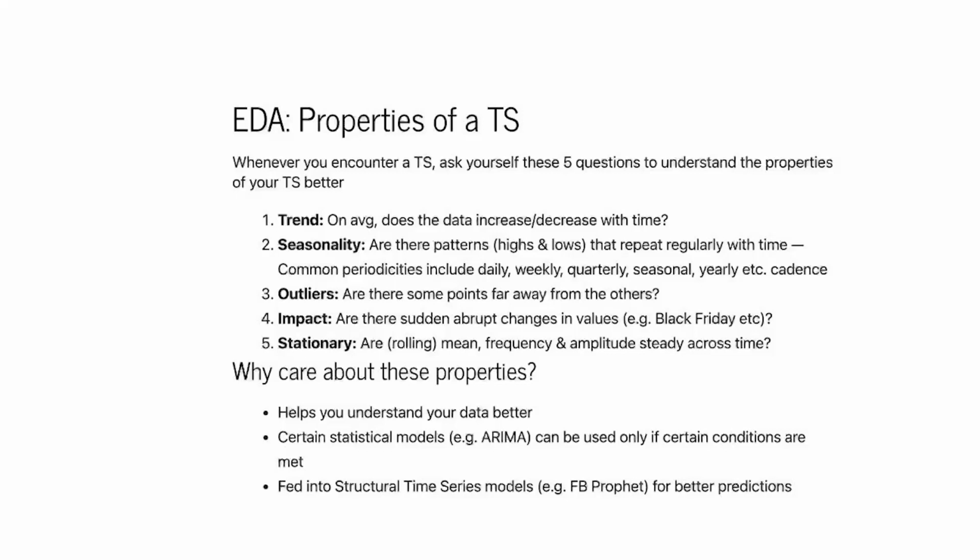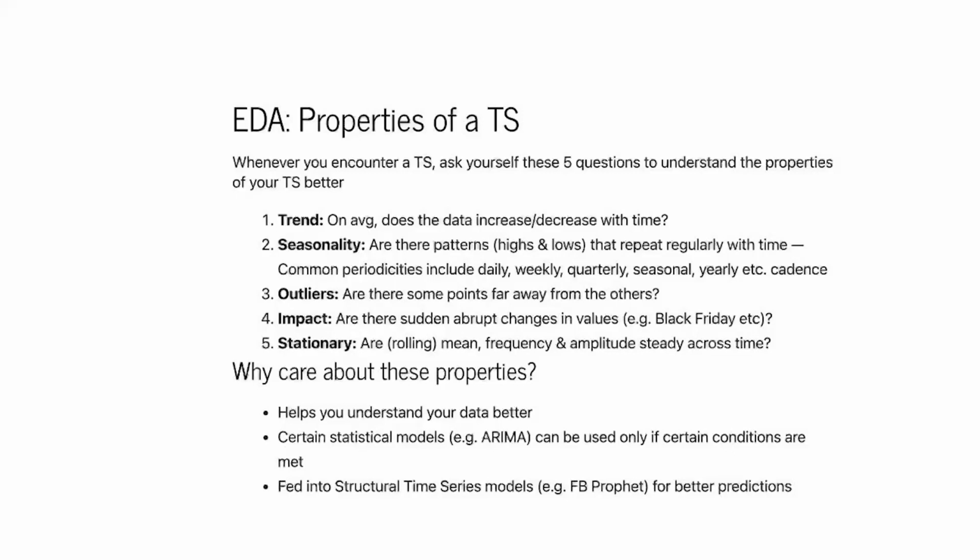These are drastically different values. The fourth is impact, also called holiday effects, whether specific points in time have very sharp changes in value associated with them. And the last but not the least is stationary, which is a very important property, which requires the rolling mean, frequency, and amplitude of the time series to be consistent across time.